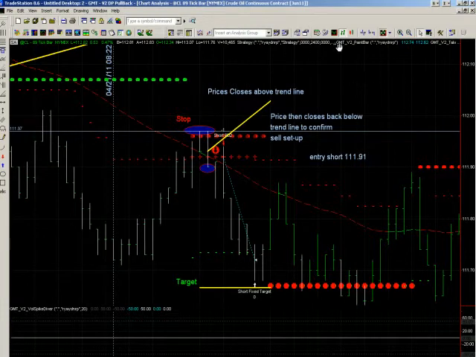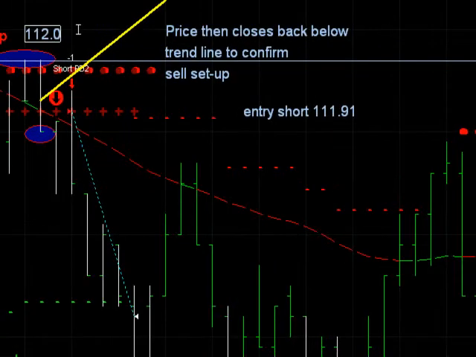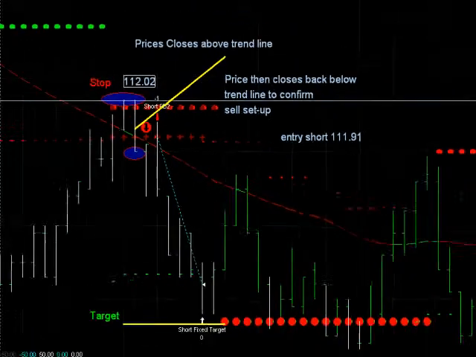So 112.01, 112.02 would be our stop. So we'll just put our stop in there at 112.02.